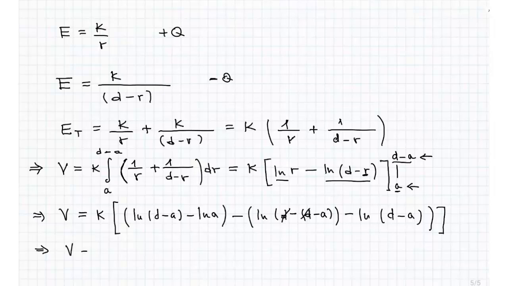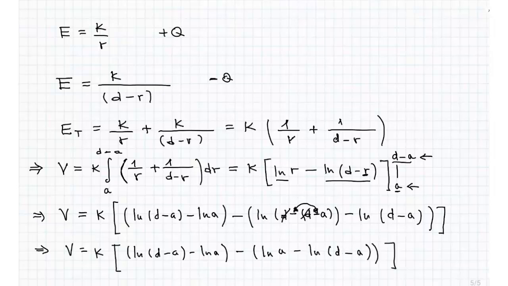V is equal to K times log of d minus a minus log of a. We will have this minus with this minus, which is plus, so we will have log of a minus log of d minus a.